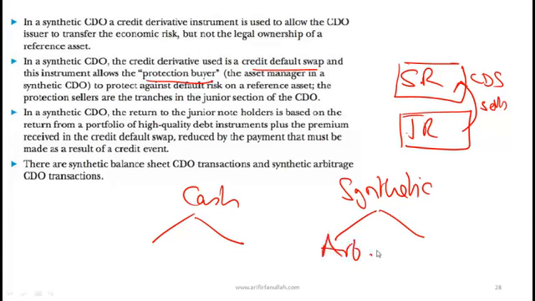One is arbitrage and the other is balance sheet. What's the motivation with balance sheet? It is to reduce your exposure to loans or other debt instruments. What's the motivation with arbitrage? The motivation with arbitrage is to earn a spread between what you get on your underlying instruments and what you need to pay the tranche holders.